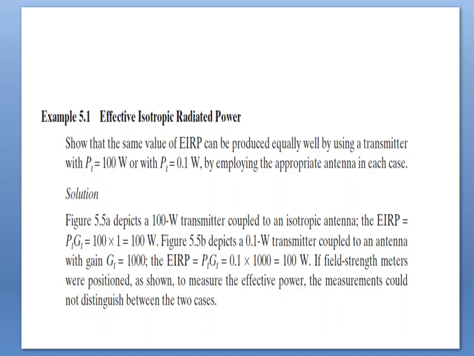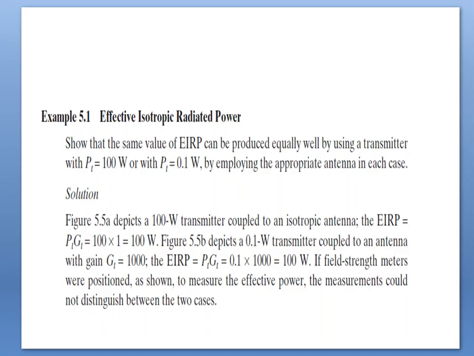Show that the same value of EIRP can be produced equally well by using a transmitter with a transmitting power of 100 watts or with a transmitting power of 0.1 watts, employing the appropriate antenna in each case. Coming to the solution, in the above figure, 100 watts of transmitting power coupled with an isotropic antenna gives EIRP equal to power multiplied by gain, that is 100 into 1, which is 100 watts.